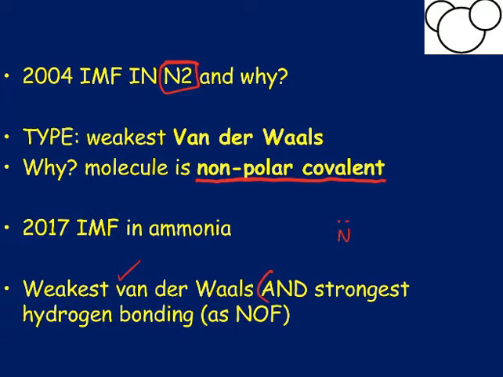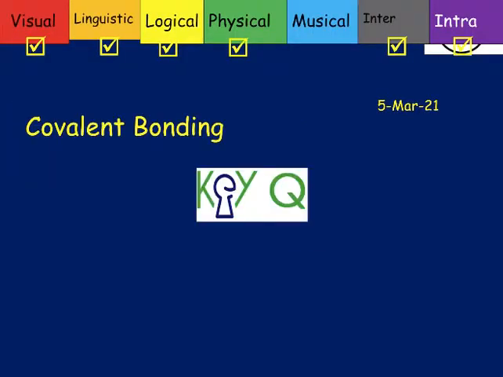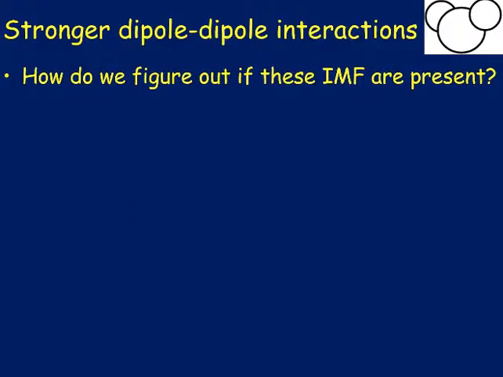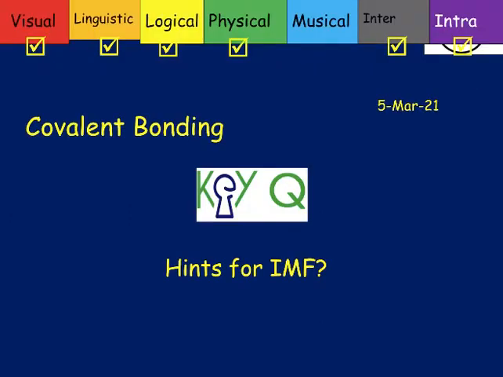We haven't done this yet, but if you want to make a note of it now, we will come back to it today. So ammonia has 2 intermolecular forces. It'll have the weakest van der Waals, and after today you'll be able to figure out what is the second IMF that ammonia has.